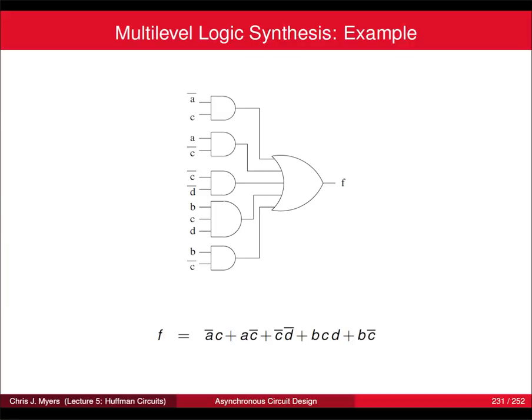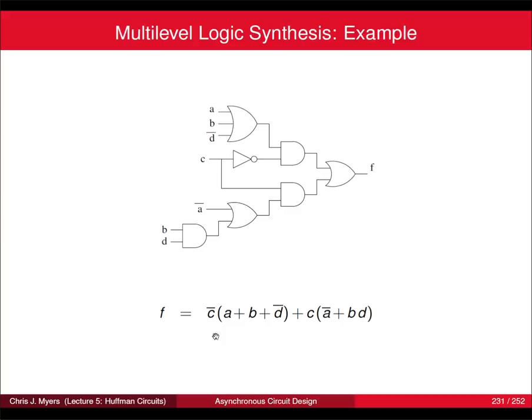In the distributive law, you can see that I factored out C prime out of this term, and this term, and factored out C out of those 2 terms. And that decomposed the function, just applying the distributive law. So now I don't have any 5-input AND gates. And this one, because it was hazard-free for the transitions I cared about, it's still hazard-free for the transitions I care about. Does that make sense?